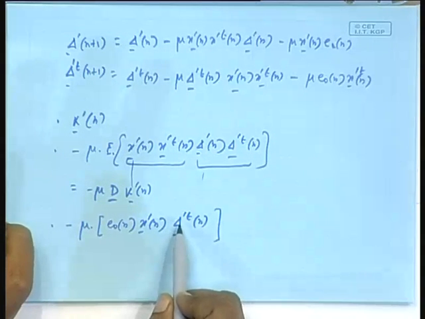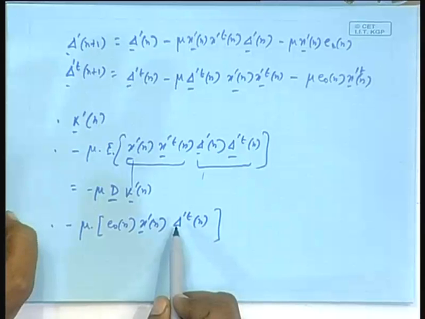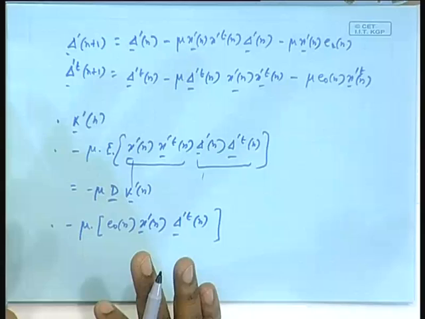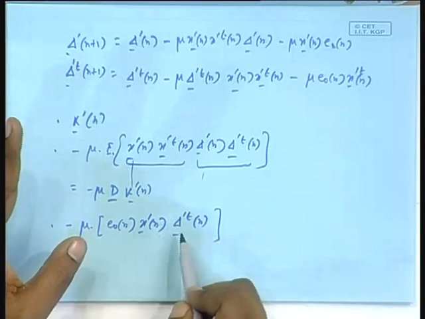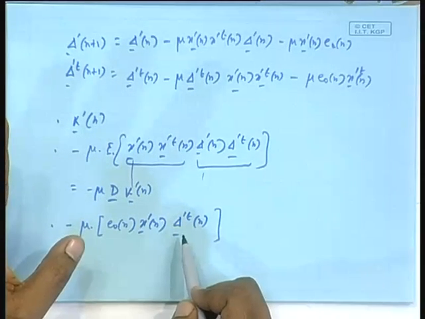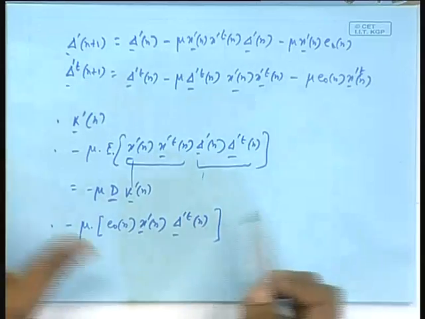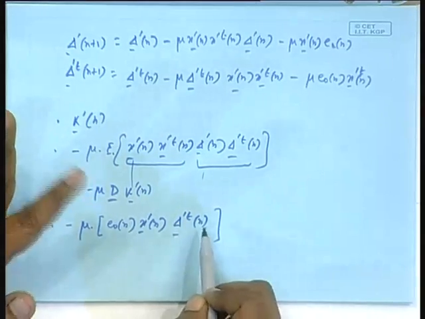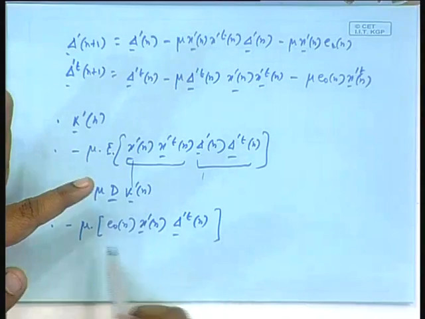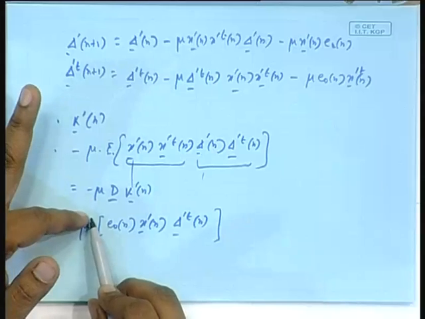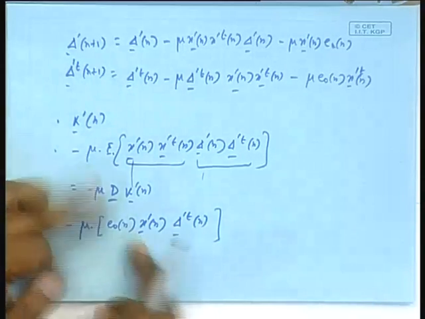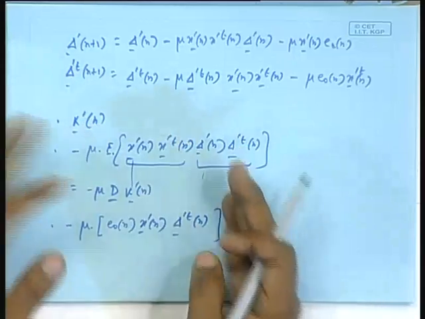By my assumption, delta n and therefore, delta prime n, because delta prime n is purely obtainable from delta n and vice versa, they are independent of D n and x prime n, x n, and E O n, because E O n depends on D n and x prime n again, x n again. So, that means you can separate out this part E over this, E over this.